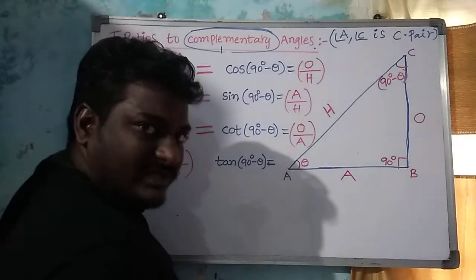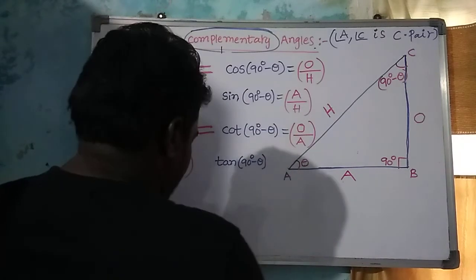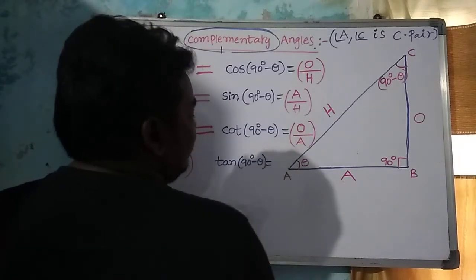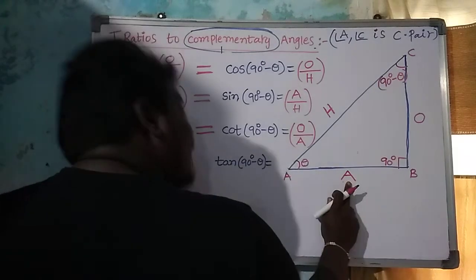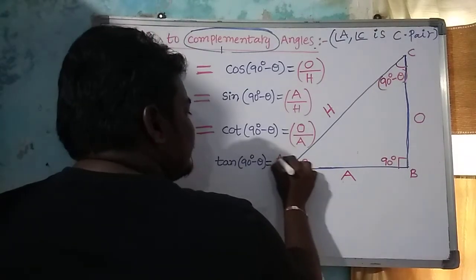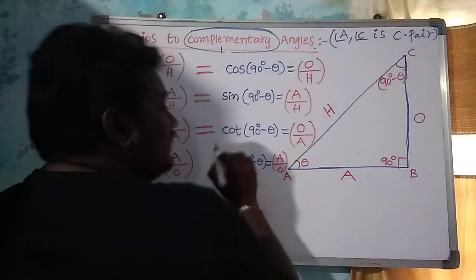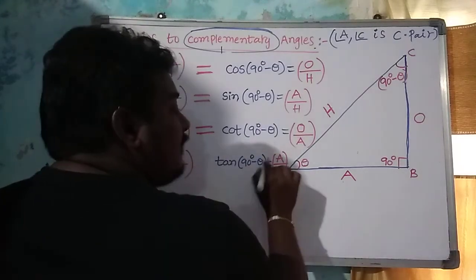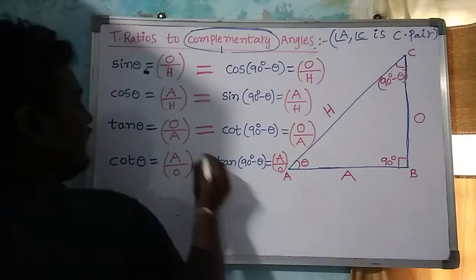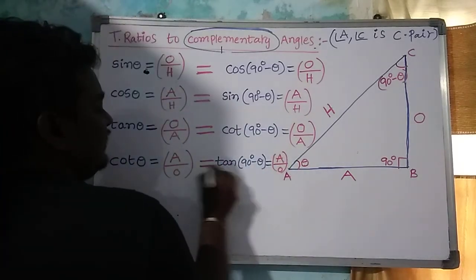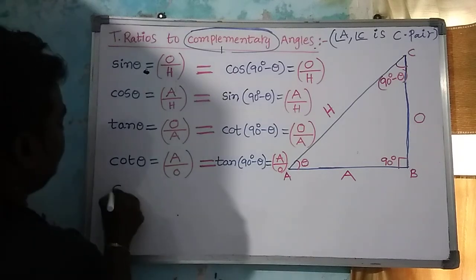Clear? Then tan 90 minus theta is what? Our area of reference is this one. Opposite to this one we have the adjacent side. Tan means opposite side, but the opposite is becoming adjacent here, so it is A by O. So I can nicely place an equal to symbol here. Then what about cosecant theta?